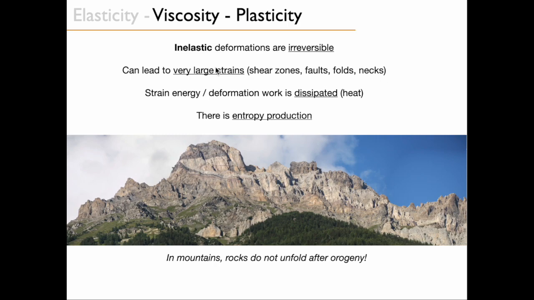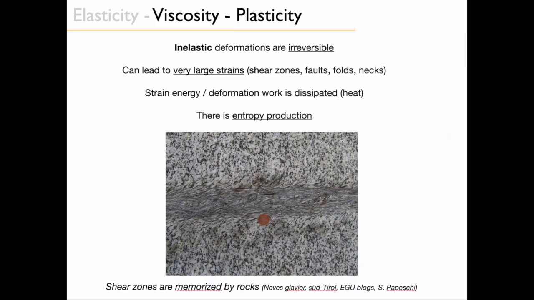So the strain energy is dissipated partly as heat, and there is entropy production during viscous deformation and plastic deformation. Yes, if you would remove the applied force, a mountain belt would not unfold after orogeny. So the deformations are indeed permanent.